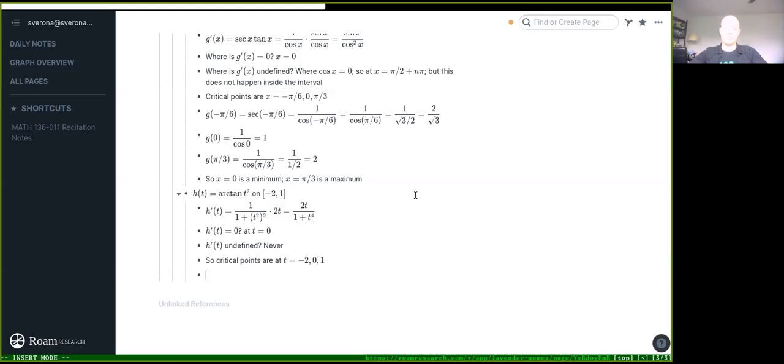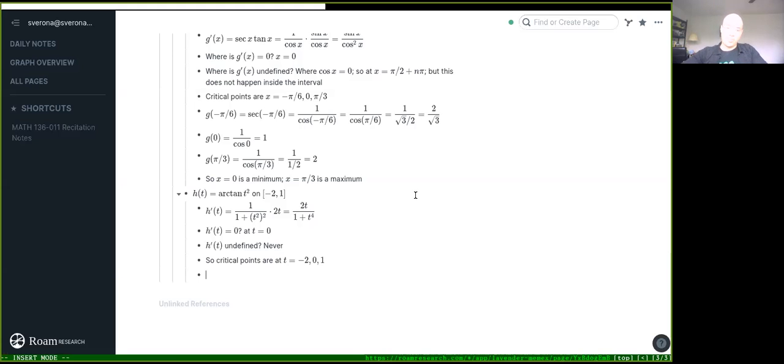Okay, let's see. Some of these I could do, the others I'm not so certain. I might just use Google for this one because I don't know what arctan 4 is offhand. So let me reason this out, and then I'll punch the values into Google and show you I'm right.